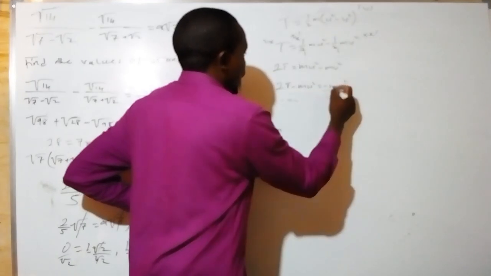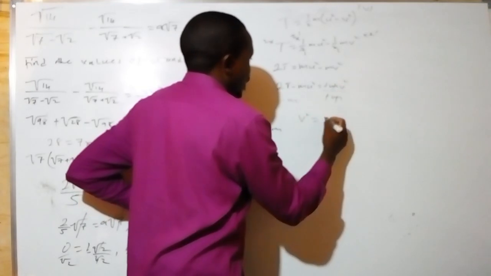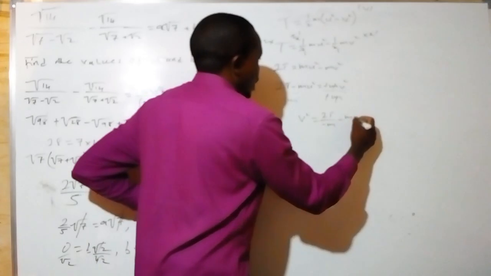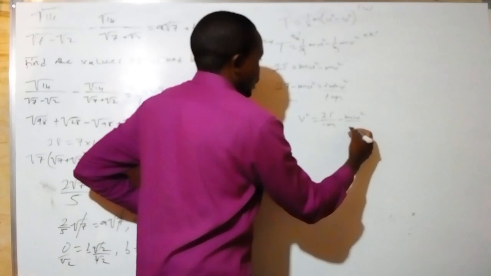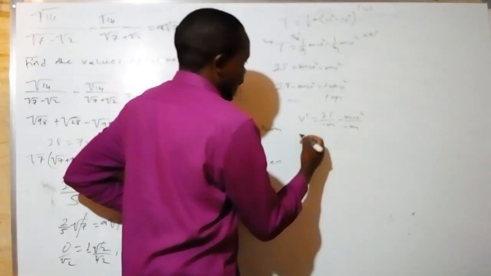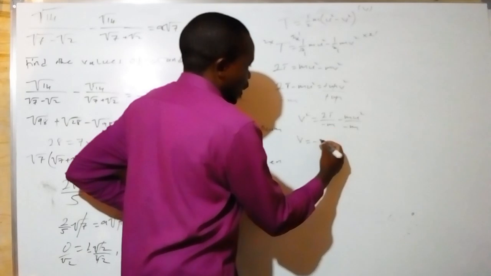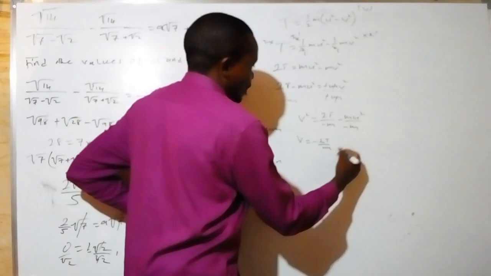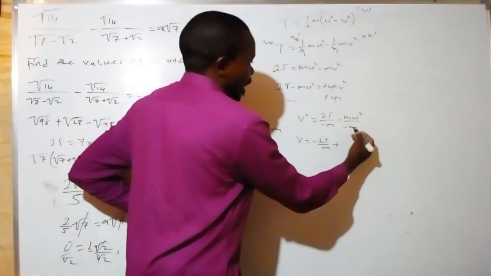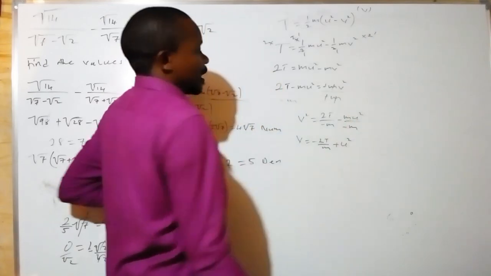Negative, negative, positive; v squared is equal to 2t all over negative m minus mu squared all over negative m, like that. Here we are going to have v squared equal to, positive, we divide by negative, negative 2t all over m plus u squared, since m and m cancel out to give you 1.